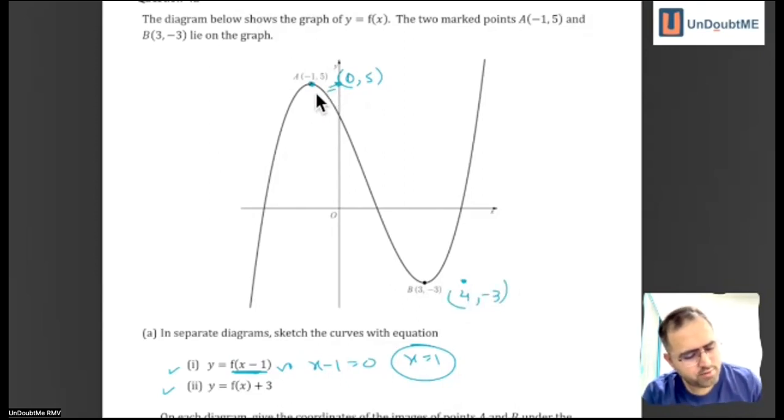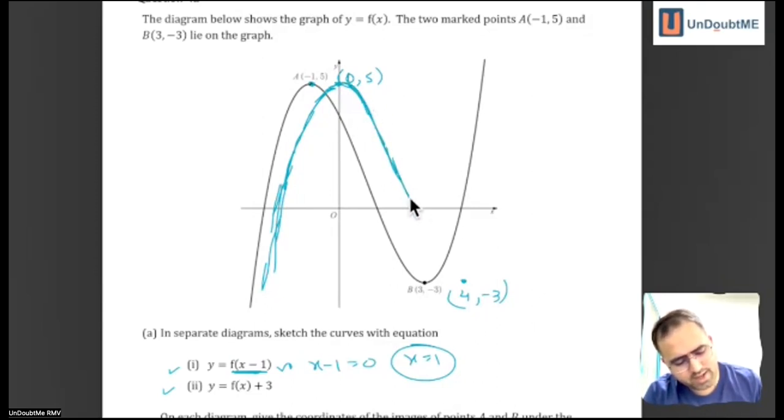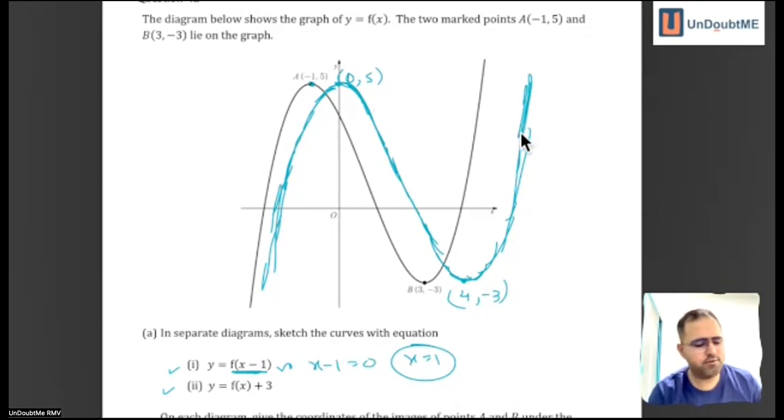So my new graph will look somewhat like this. Other points, you need not show exactly. Just make sure that the graph looks exactly like a replica of the previous one, but a bit shifted. Okay, so this will be the graph of the first part.